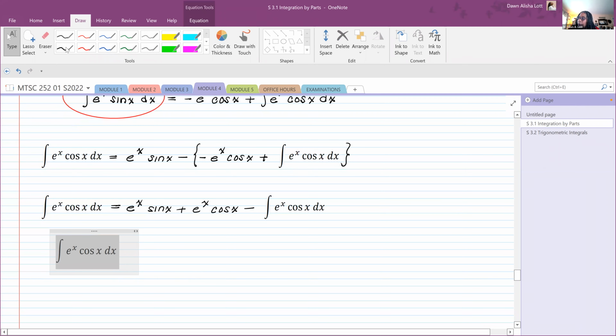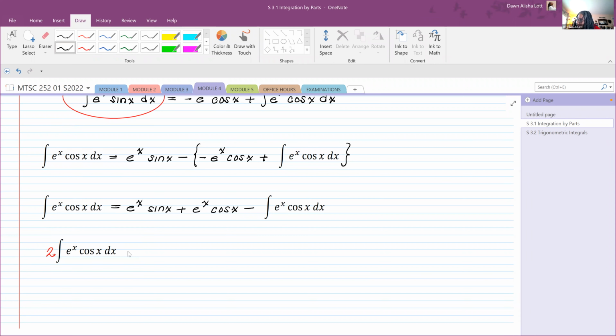So now I have two of them. And that is equal to e to the x sine x plus e to the x cosine x. But I don't want two of them. I only want one of them. So I'm going to divide by 2.